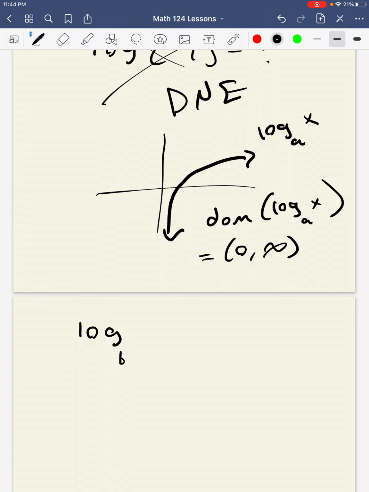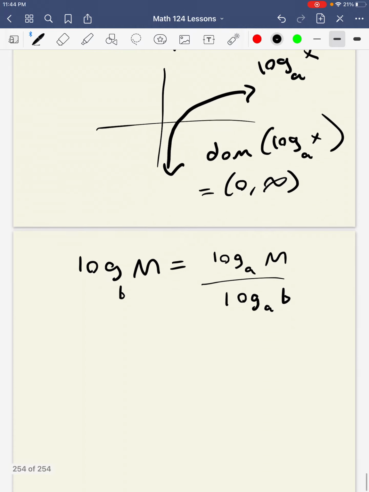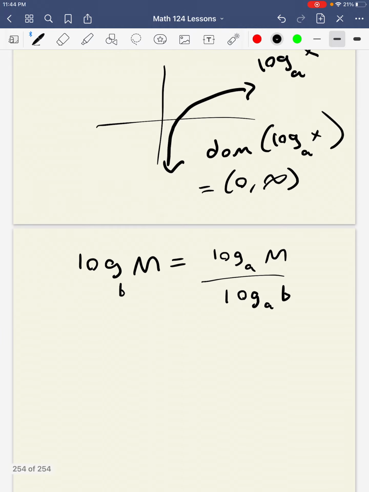Log, say the base is b, we plug in some argument m, we could write it as log a m over log a b. Okay, so we could change the base.